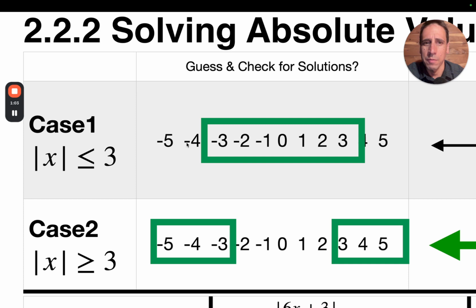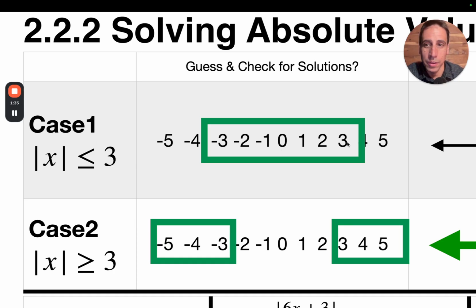Okay, let's see. I've got a whole bunch of numbers written out here, and I green boxed the numbers that actually work in case 1 right over here. You can see 0 works. The absolute value of 0 is less than or equal to 3, and -1 and +1. Even -3, the absolute value of -3 still is less than or equal to 3, because when you take the absolute value of -3, it's 3, and 3 is less than or equal to 3. +3, same thing.